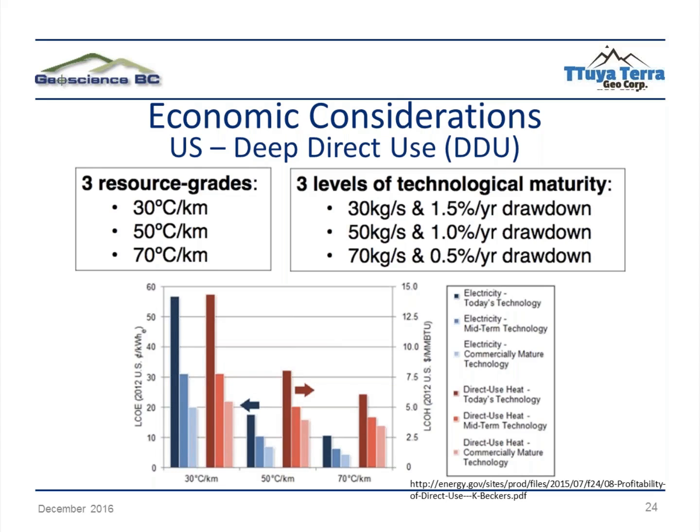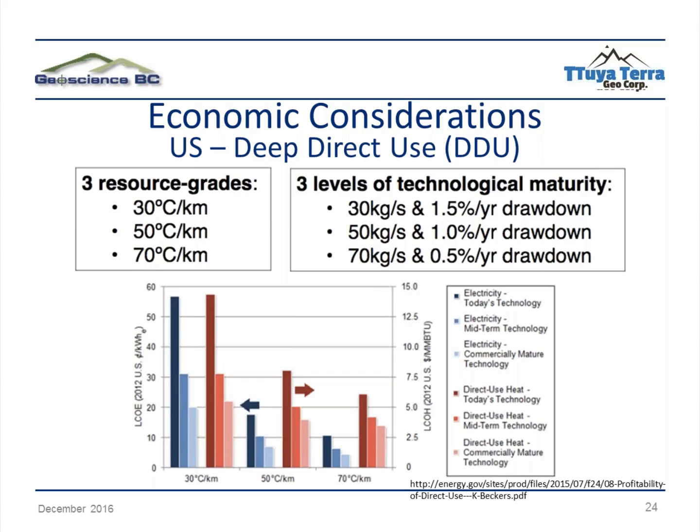This is a study that was based on a PhD thesis, and essentially what it's showing is that in the northeast of the US, which you would normally not think of as a high geothermal resource area, they have a lot of oil and gas data information, and they can evaluate this data in terms of deep drilling and whether or not this can be used for dense areas in the northeast of the US, like New York State, for example, and provide heat for university campuses or small communities or dense parts of cities.